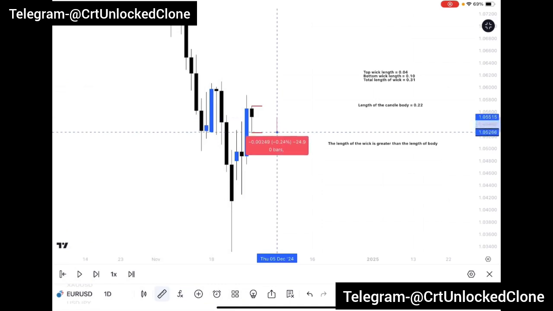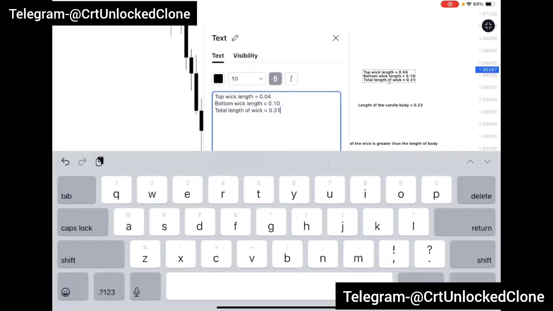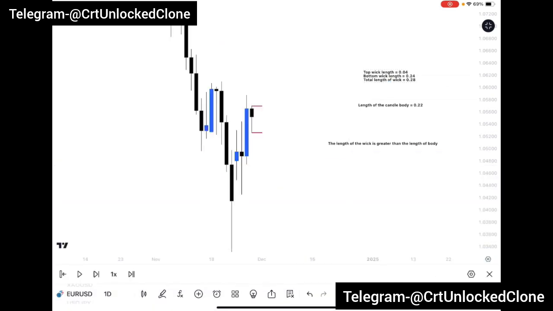Same candle, we got 0.24. So the total length is 0.04 plus 0.24, which is 0.28. So here we got the total length of wick of this candle is 0.28.